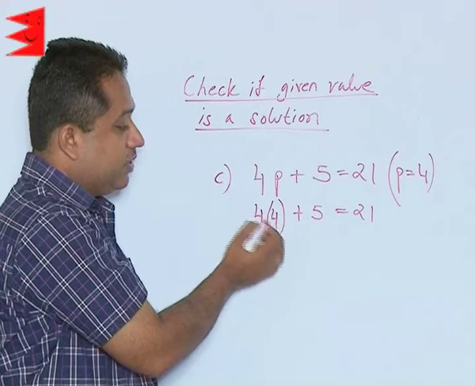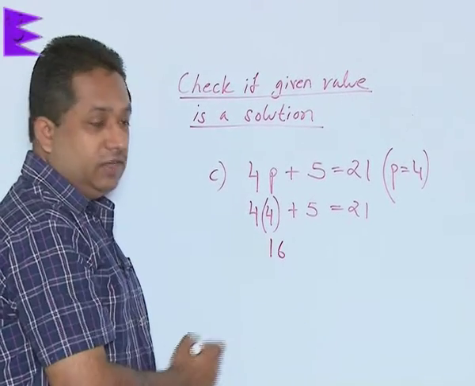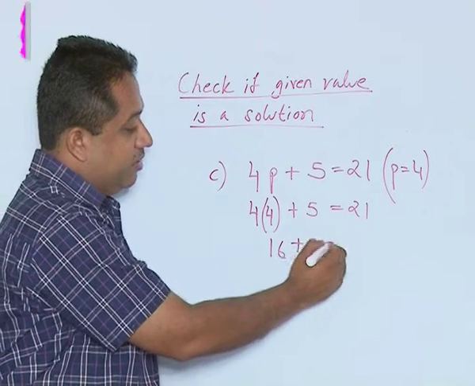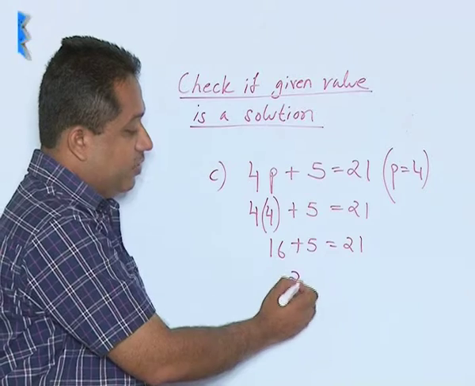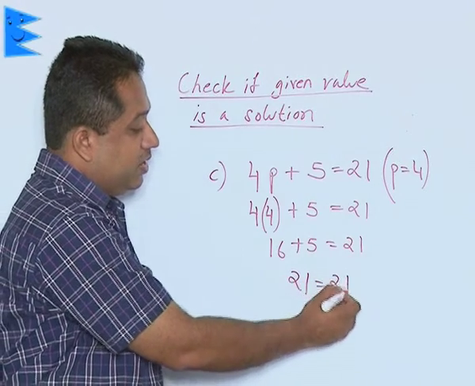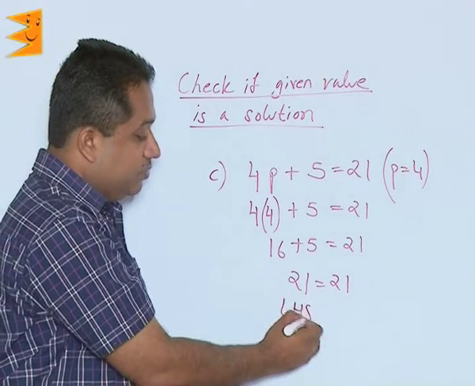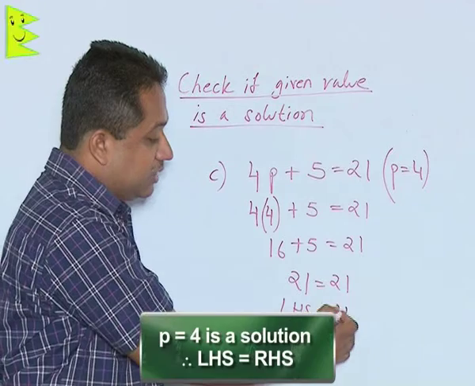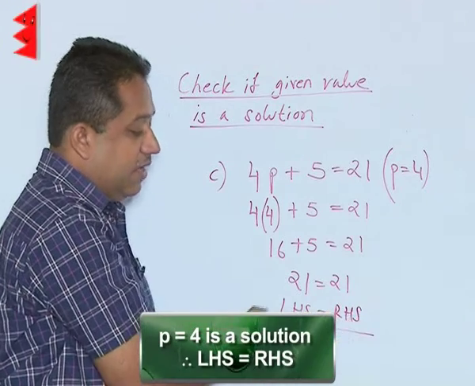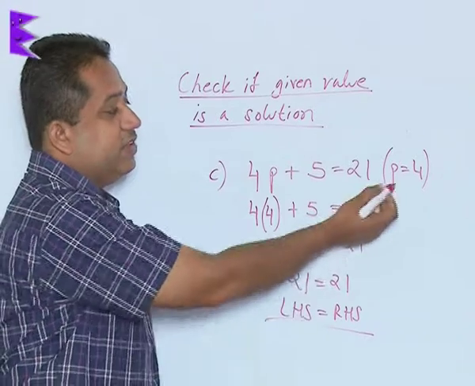Now, when I substitute 4 here, I get 4 into 4, that gives me 16, plus 5 is equal to 21. 16 and 5 is going to give me 21. So, we get 21 equal to 21. So, in this case we see that when I substitute p is 4 here, LHS and RHS are coming equal, and that is what is essential if I want to prove that it is a solution.